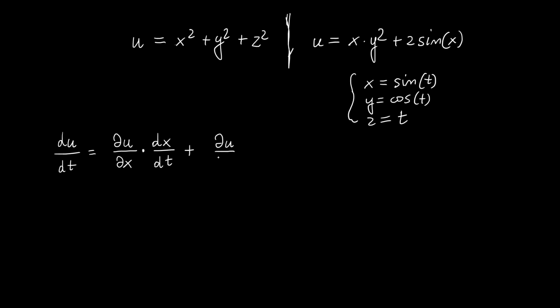So here we will have three summands in our summation, and derivative with respect to z times derivative of z with respect to t. This is the chain rule when we have three variables on which our value depends.